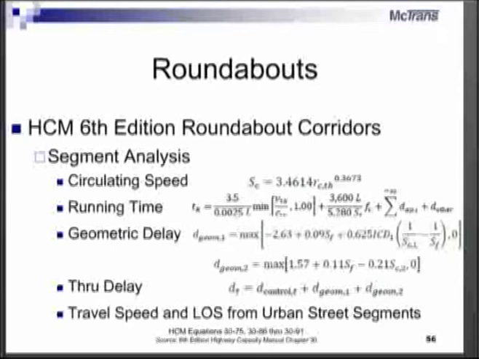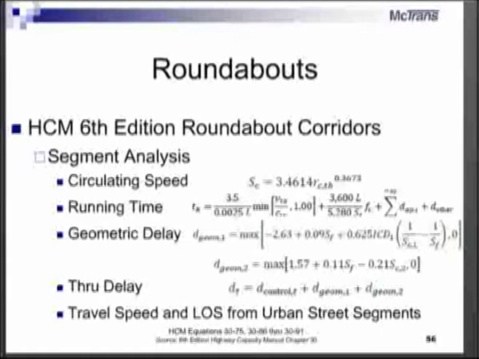The segment is divided into two pieces, and geometric delay is computed for each of those two pieces, essentially based on free flow speed along the segment and circulating flow at the roundabout, and you kind of see that embedded in those two equations. But the bottom equation is very important. The delay to the through movement at the roundabout is not only the control delay that comes in the roundabout procedure, but geometric delay added to that to get the delay for the purposes of corridors.